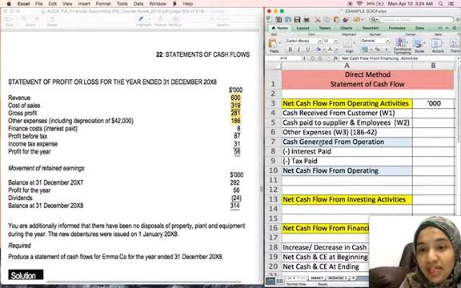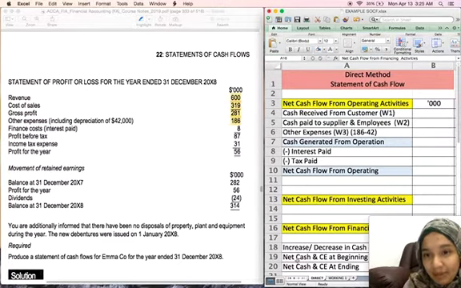If you use the indirect method, to find net cash flow from operating activities, you will adjust the net profit before tax, and then you get cash generated from operation. The part below is exactly the same whether you do the indirect or the direct method. The only difference is here. How do you derive cash generated from operation?